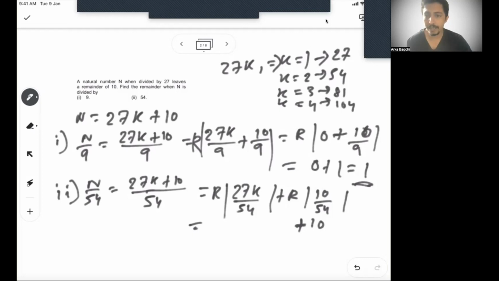So what I'm trying to tell you is, with all the even values of k, it will be a multiple of 54 only. This is 108, because 27 into 2 is 54. So 27 into 4 will be divisible by 54, because 27 into 2 will be present in that. So all the even values of k will be divisible by 54.